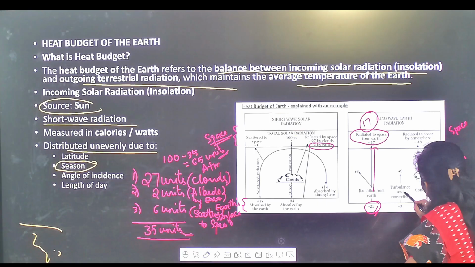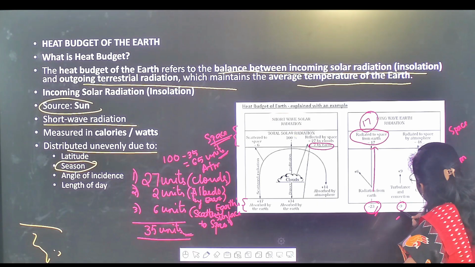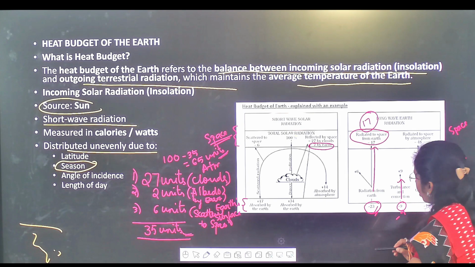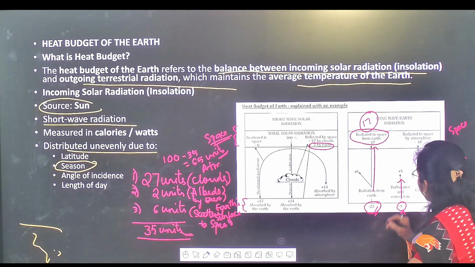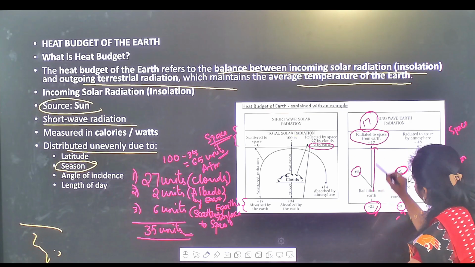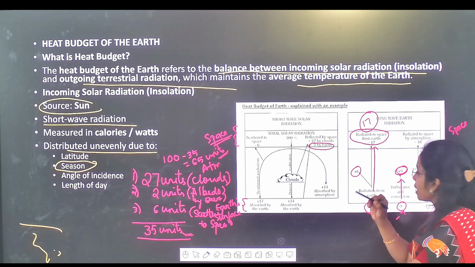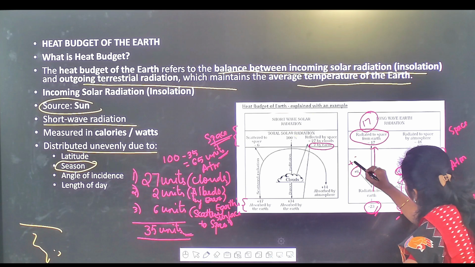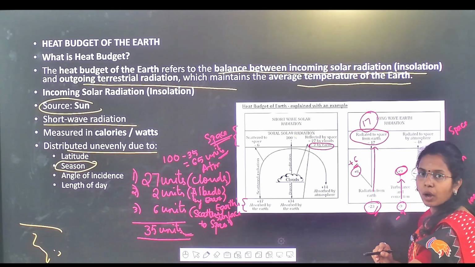Next, 6 units because of turbulence and convection are radiated back into atmosphere. Out of this 23, 17 went to space and 6 units are scattered into atmosphere.